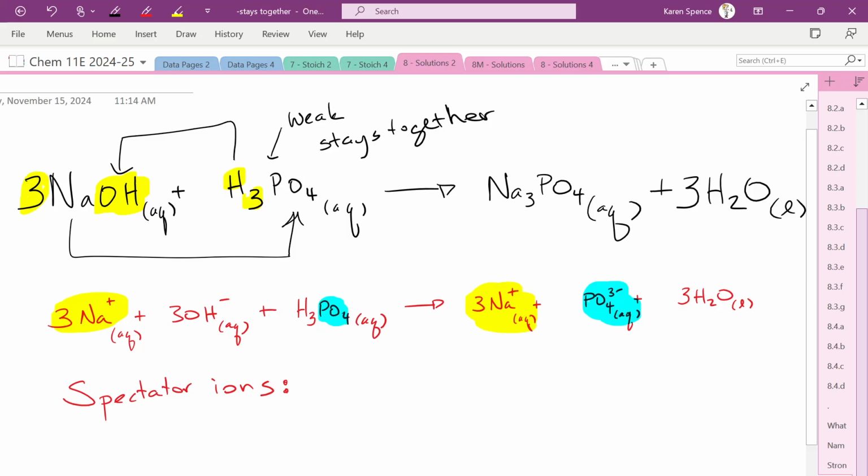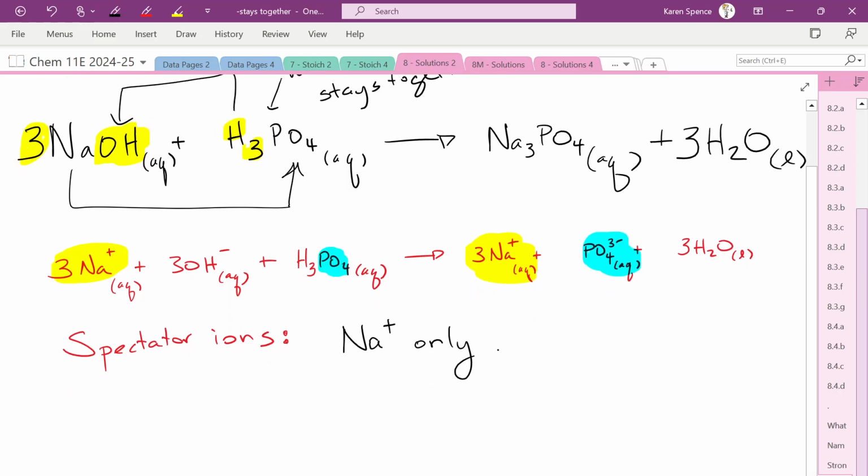Is PO4 staying the same? No. PO4 is not a spectator ion. It goes from being part of phosphoric acid to being split apart. So just Na plus.